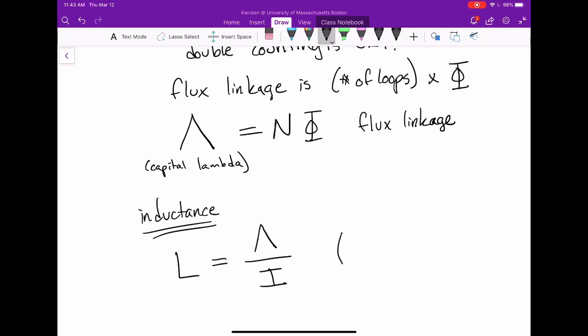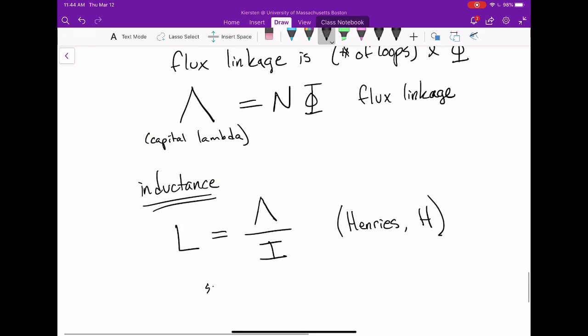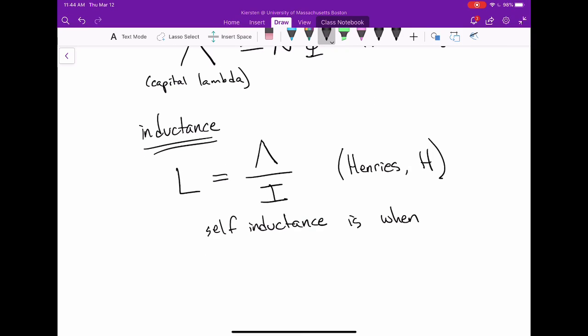And it has units of henries, whose symbol is a capital H. Now, this is self-inductance, when the flux that's giving us the flux linkage is due to the current that we're referring to, right?